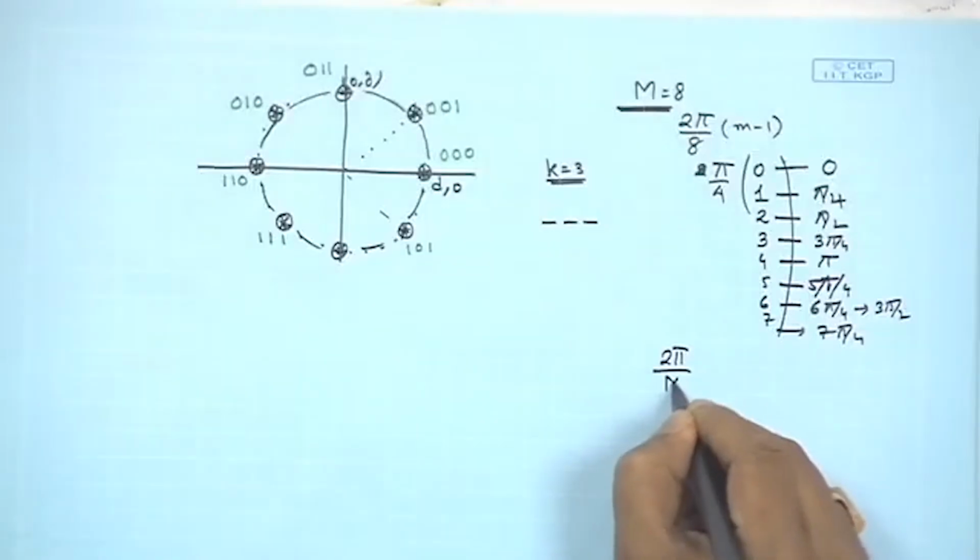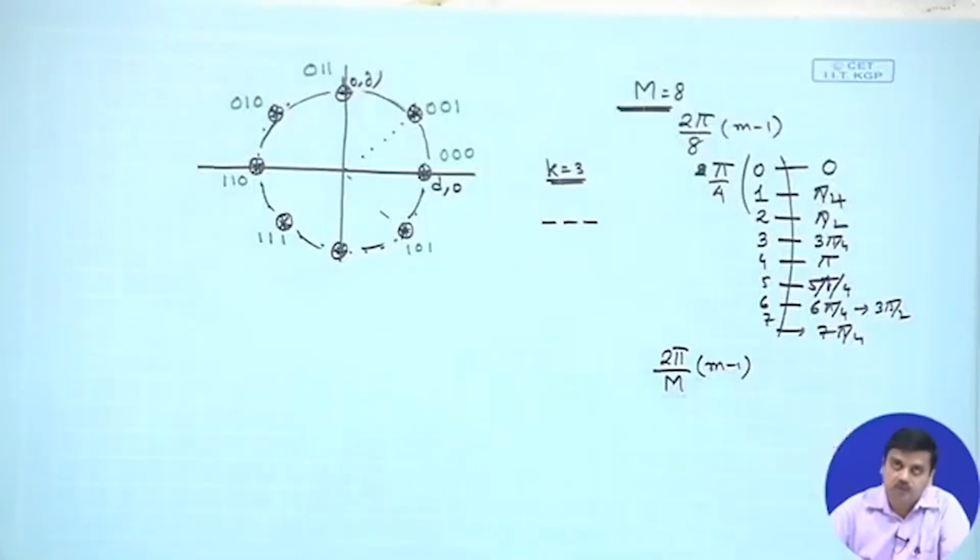A fair note at this point would be that in case of amplitude modulation as well as angle modulation, we have defined a specific way of selecting these phases, and in this case of course, we have said 2 pi upon m times m minus 1. That means we have uniformly divided the total angle available into equal intervals of angles, and we have selected the angles.